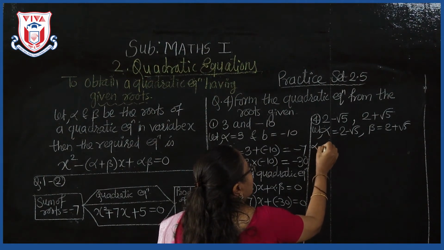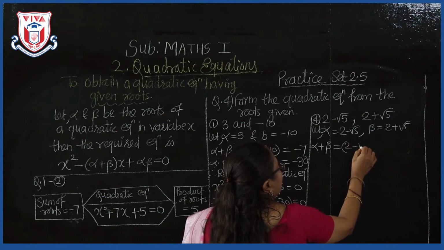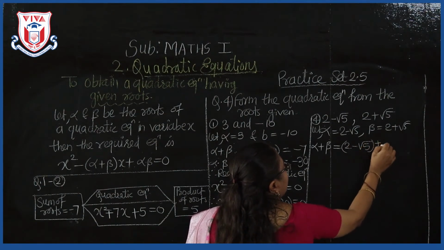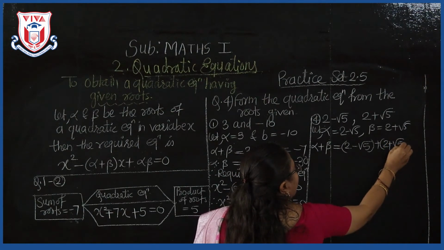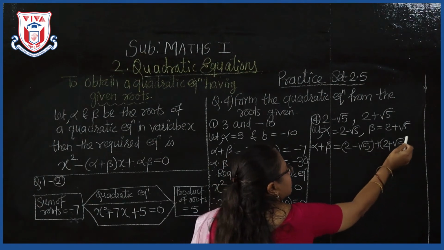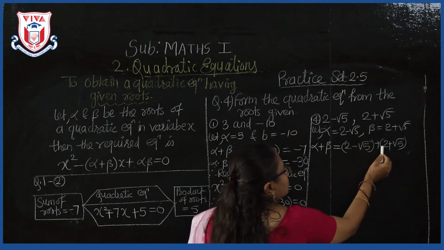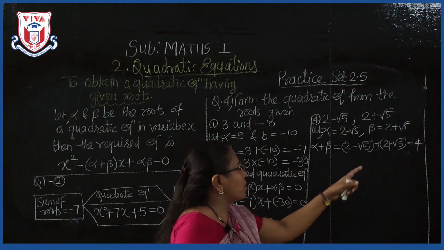First we have to find out alpha plus beta. 2 minus root 5 plus 2 plus root 5. Now this minus root 5 plus root 5 get cancelled and we will get 2 plus 2, 4. So alpha plus beta is equal to 4.